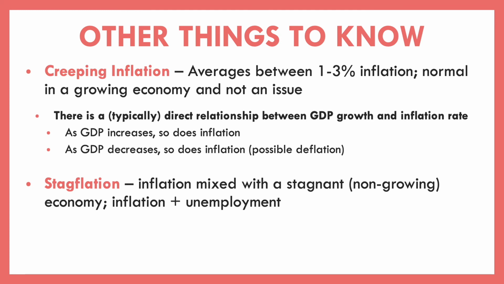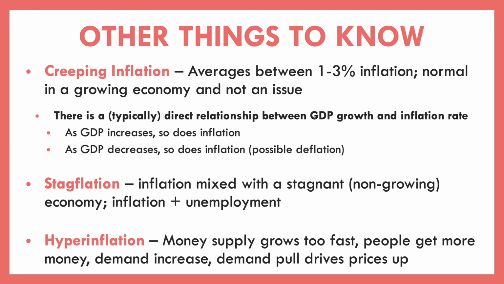And finally, something known as hyperinflation. Hyperinflation is when we see the money supply grow really, really fast. The times we think about this are post World War I Germany and Zimbabwe back in the early 2000s, wherever the money supply is growing way too fast. And as people get more and more money, that demand pull inflation kicks in. Since all these people have all sorts of money, they're trying to buy everything.